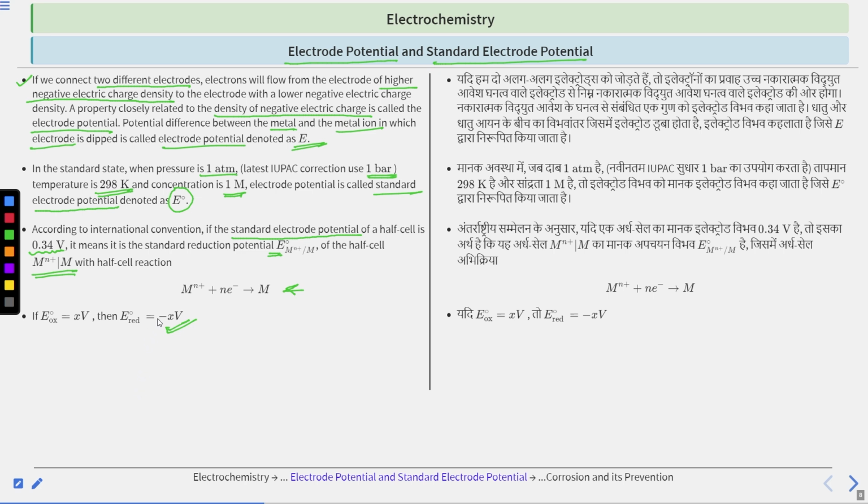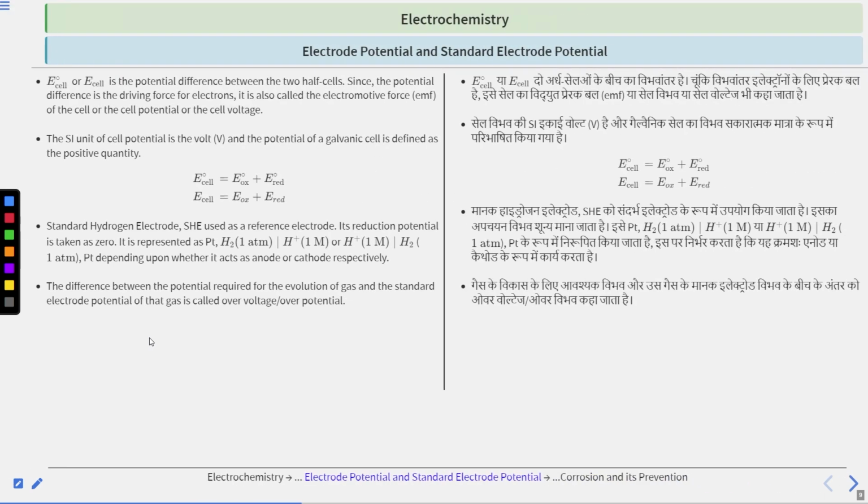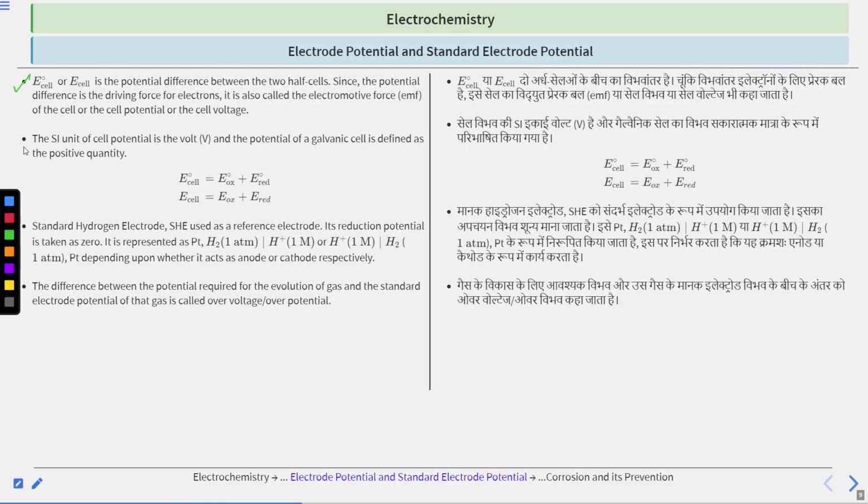Okay, so these are some basics, and now let's study more. E0 of a cell or E of cell is the potential difference between two half cells. Since the potential difference is the driving force for electrons to move, it is also called electromotive force or EMF of the cell, or the cell potential or cell voltage.